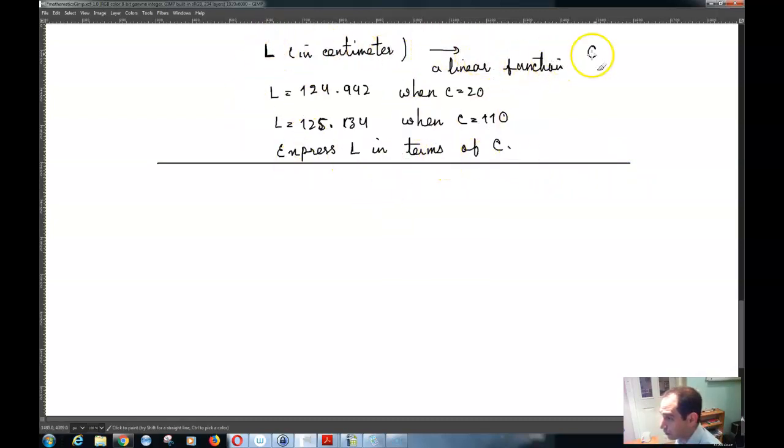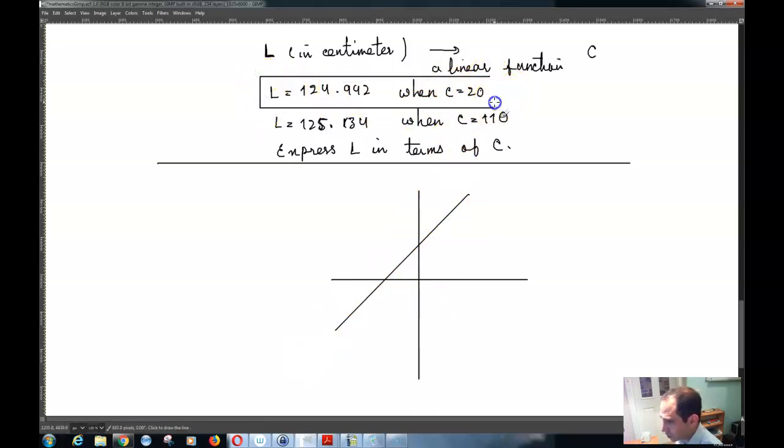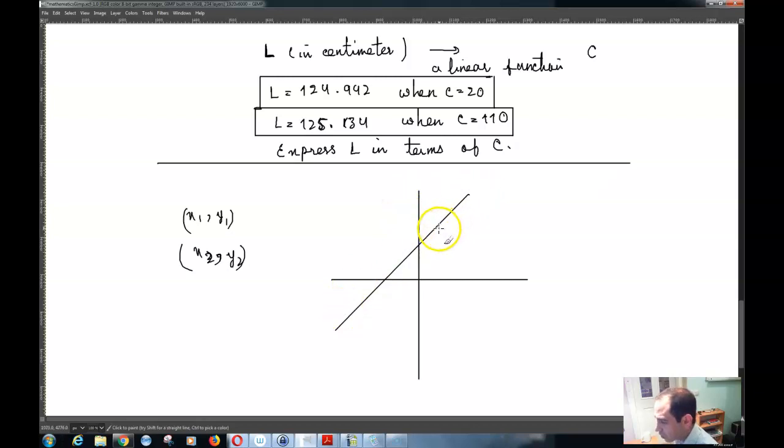Since L is a linear function of C, you can regard this as basically a straight line, and these two points are two points on the line, meaning that, for example, x1, y1 and x2, y2 are on this line, and there is a linear relationship between them.